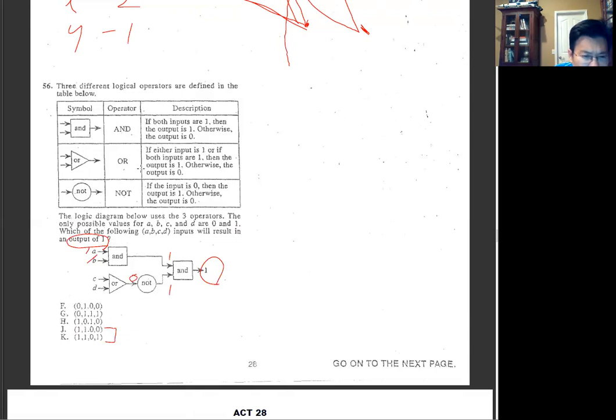And then or: either input 1, or if both inputs are 1, then 1. So both of them are 1, 1, then 1, but otherwise it's not. So both of them are not equal to each other. One second. Either 1 or both. Oh, so we shouldn't have any 1, so 0, 0. So it's J.